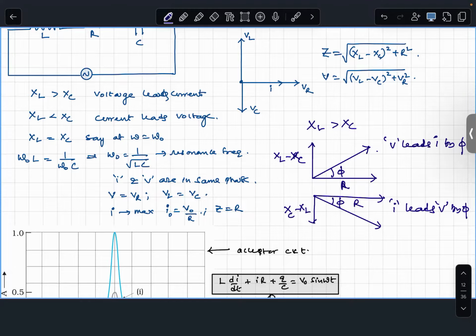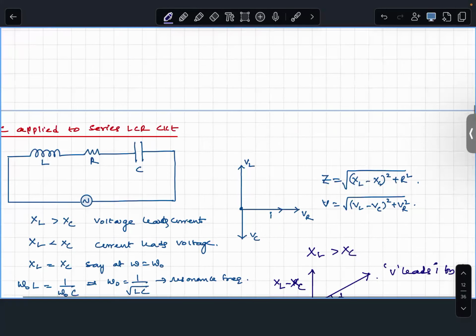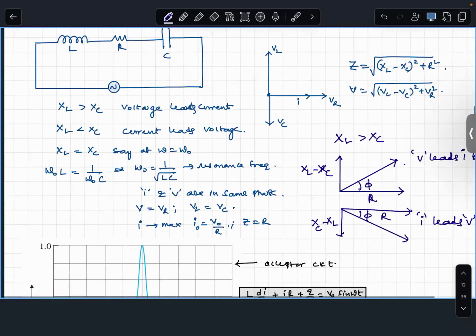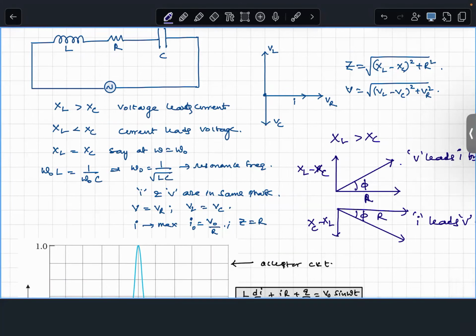Any doubt? There is one case. It happens only for a particular frequency. Because don't forget, XC is 1 by omega C, XL is omega L. It happens for a particular frequency called resonant frequency, where omega naught L becomes 1 by omega naught C. At that frequency, you know what happens?